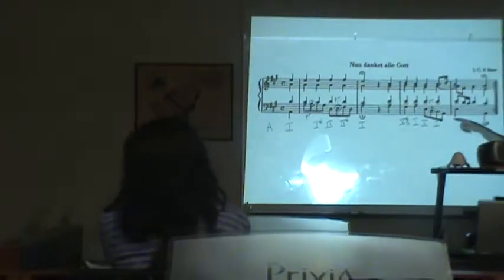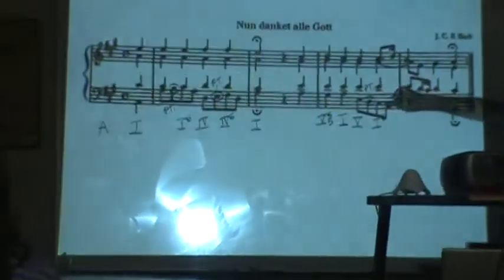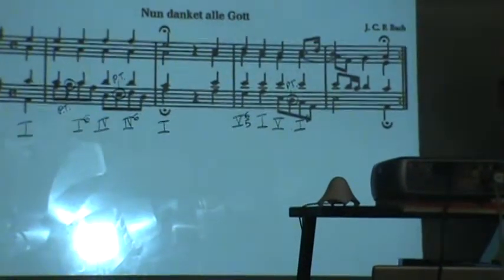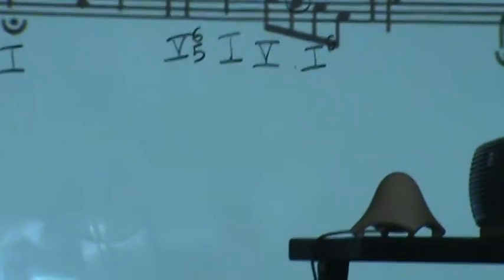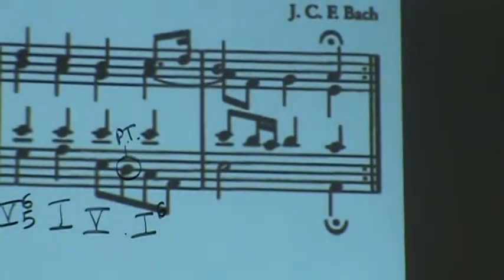Okay, so again, this is a 1/6 because we have the tonic triad with the C sharp as the lowest sounding pitch of the bass. And then we get to here. What is that chord? This is a weird one.